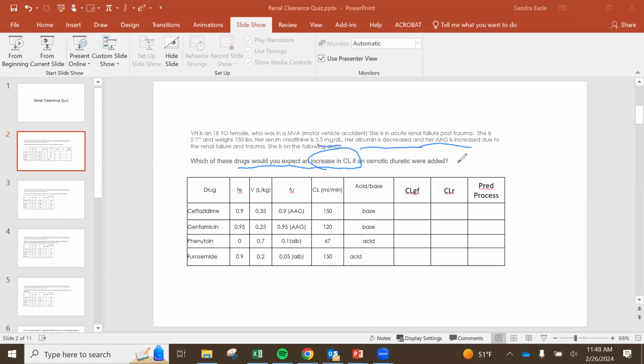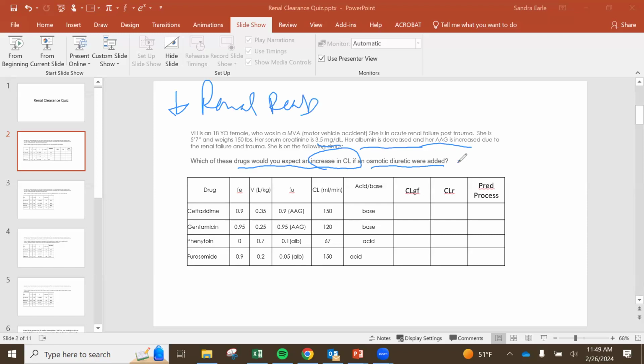Well, let's talk about that first. So if an osmotic diuretic were added, what does that do? That will decrease tubular reabsorption of water. Therefore, the things in the tubule will not get as concentrated. Therefore, you're going to decrease renal reabsorption, aren't you?